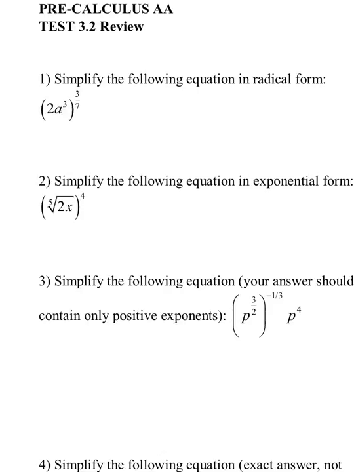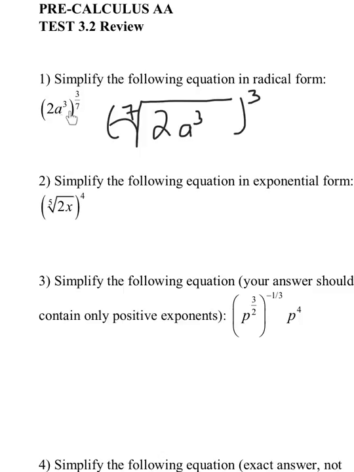So we're going to write the radical, and we're going to put the 7 right here where the root is. And inside the radical, we're going to put our 2a to the third, and we're going to raise this radical to the third power. So the 7 that's in the denominator is our root right here.